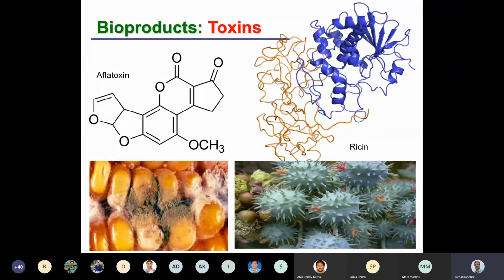And here, ricin, a protein called lectin present in castor beans, that is a poison. So if you have to work with castor beans, you have to be careful, and the wastes have to be detoxified.